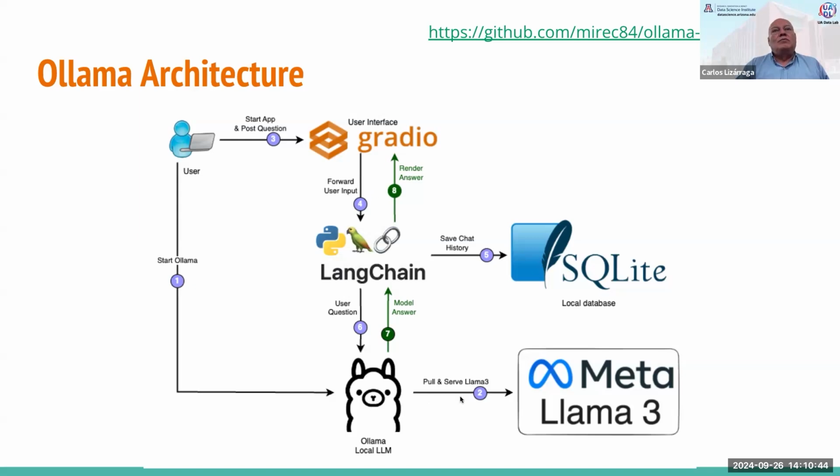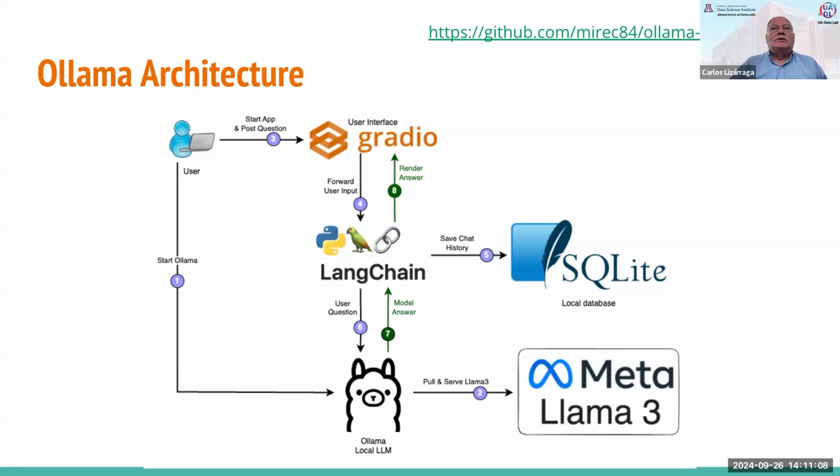If you are familiar with Docker containers, Ollama is similar to Docker. With Docker, you run different Docker images, like operating systems and different applications. With Ollama, you run different large language models. For example, in this case, it will use Llama 3 from Meta.